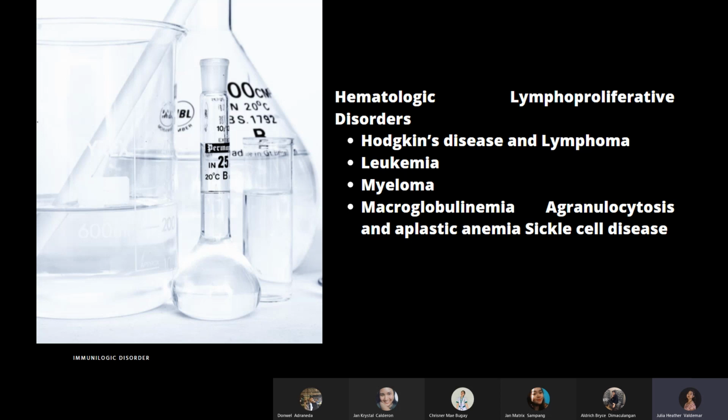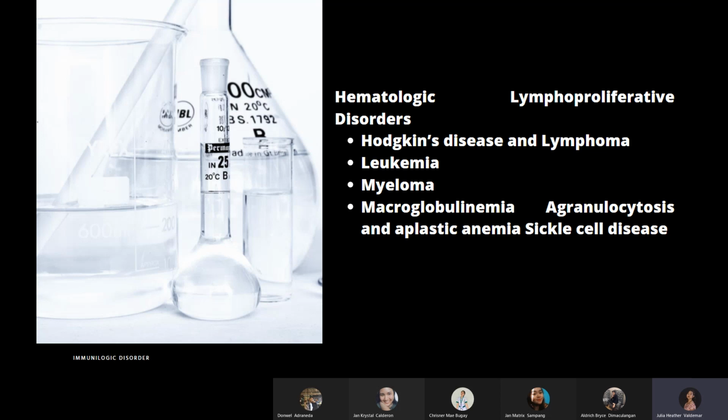Under this are Hodgkin's disease and lymphoma, leukemia, myeloma, macroglobulinemia, agranulocytosis, and aplastic anemia, sickle cell disease. I will not further discuss these diseases, but to note, these disorders are under the secondary immunodeficiency classification of hematologic lymphoproliferative disorders.